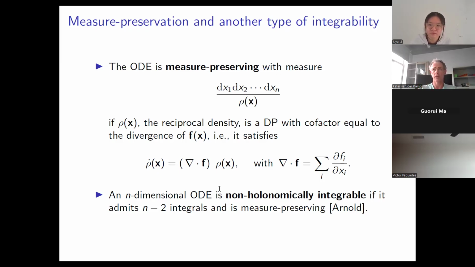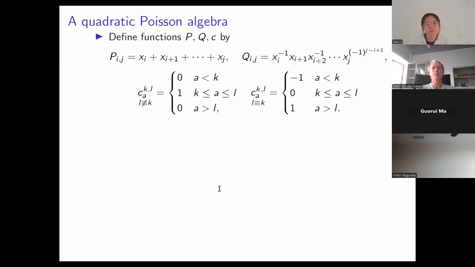And this type of integrability is called non-holonomic integrability. So when we are studying these Lotka-Volterra systems, we're looking for integrals. If we have n-1, then we say, hooray, we have maximal integrability. If we only have n-2, then we have to check measure preservation. We can think about Hamiltonian systems, Liouville integrability, and all of that. So this is another option.